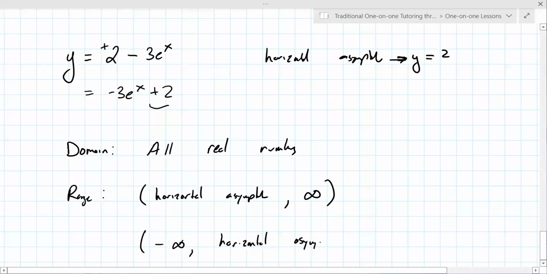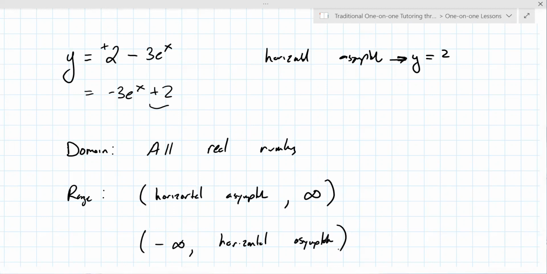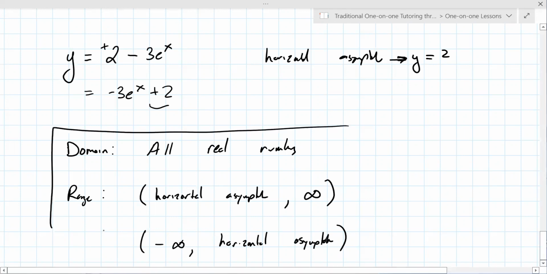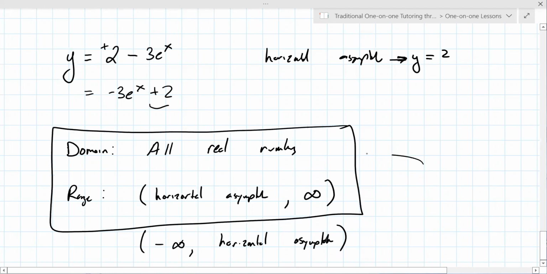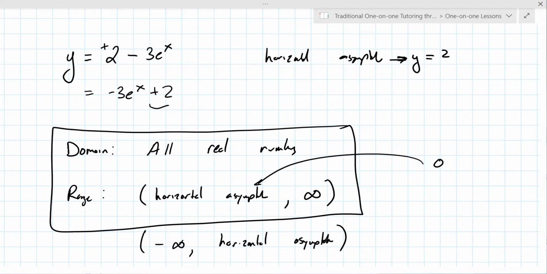And maybe you'll see it tomorrow in class, or you've got something upcoming, but you're not given all the cases here. So for right now, this is it. And more specifically, your horizontal asymptote has been 0 in almost every problem. So it's 0 to infinity.